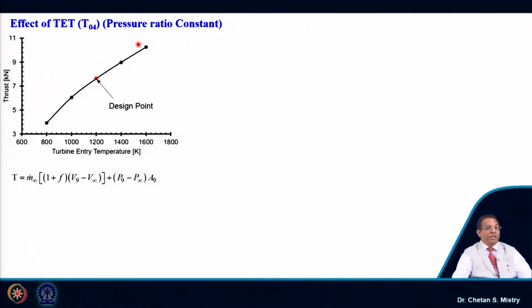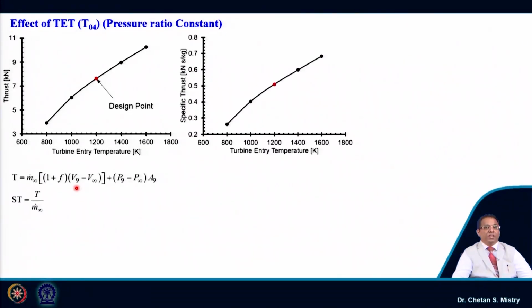The reason here is that what we calculate in terms of V9 will be higher, because you will have very high enthalpy at the entry of my turbine, and that will lead to an increase in my V9. In the same way, my specific thrust will also be higher.